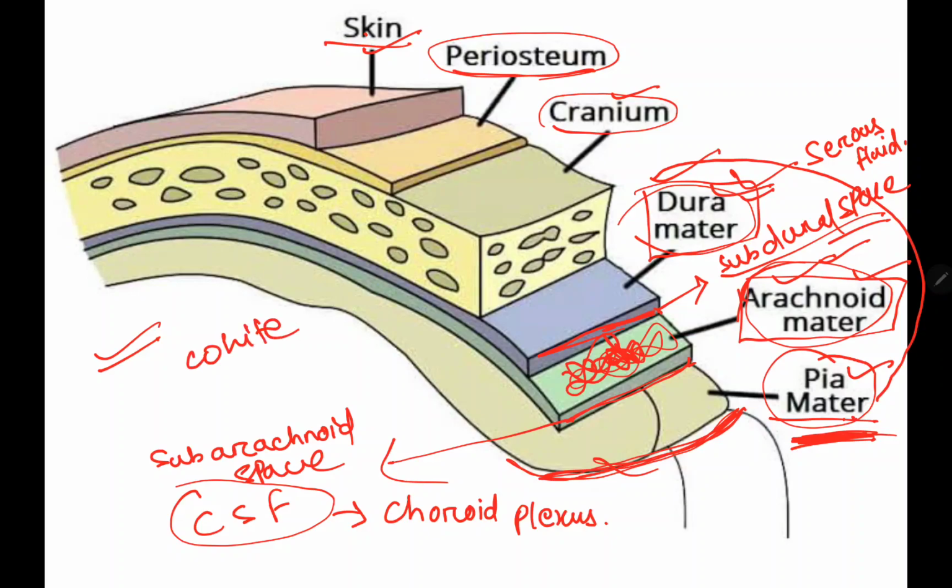This cerebrospinal fluid is white in color, and it is an alkaline fluid, it contains water, salts, proteins, nutrients, respiratory gases like O2 and CO2, and other metabolic waste.